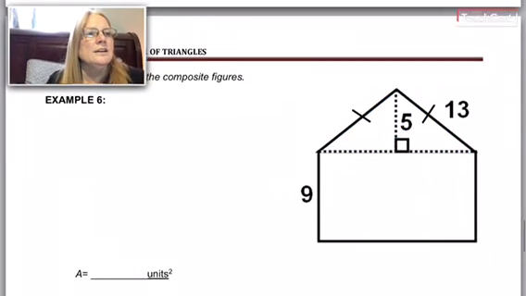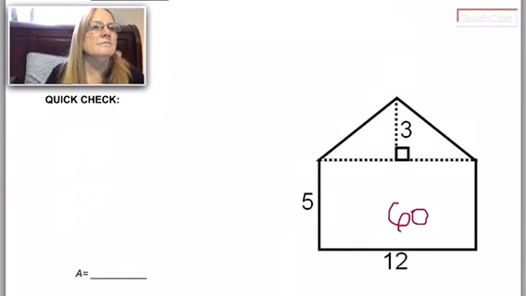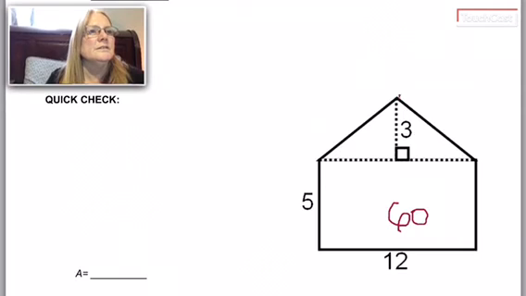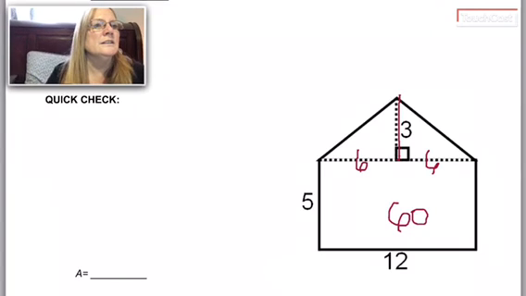And so the last one, same thing. At the bottom here, we can already say that that's 60. But this right here is going to cut that in half, and you're going to have 6 and 6.